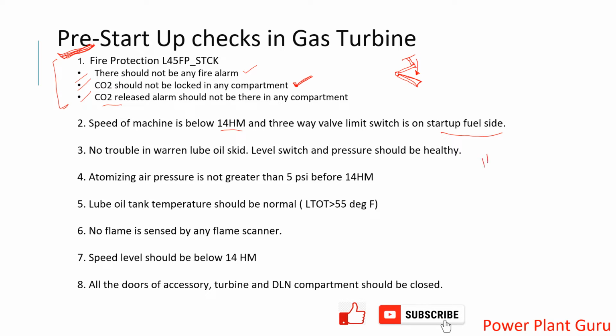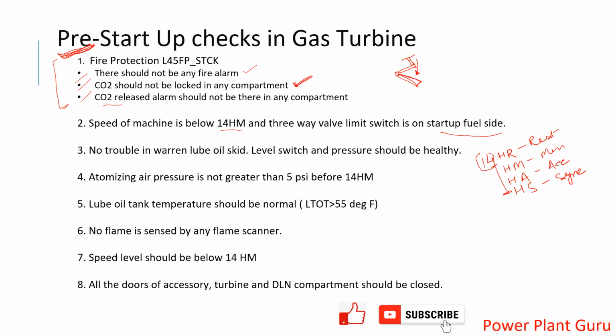There are 14HR, 14HM, 14HA, and 14HS. These are stages of speed. R stands for resting, M for minimum, A for acceleration, and S for ready for sync.